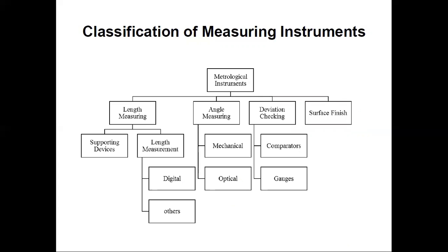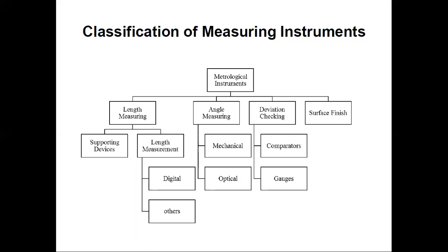Okay, so metrological instruments are basically divided into length measuring instruments, angle measuring instruments, deviation checking, and surface. These four parts are done separately. Here we see the broad classification.